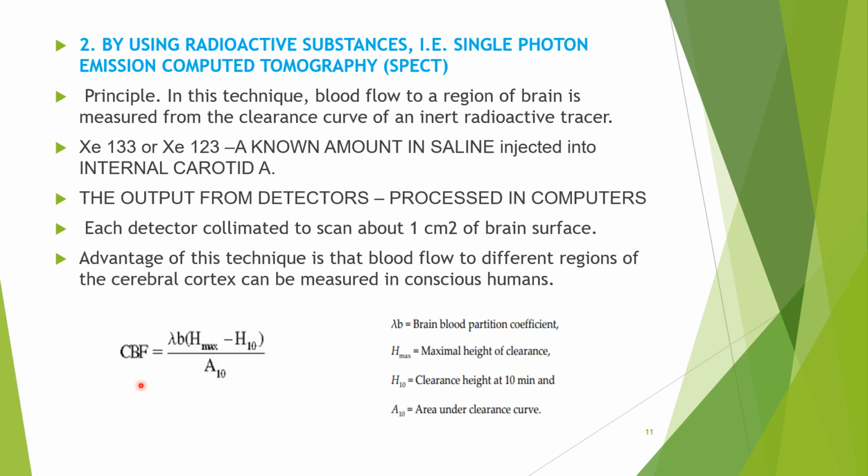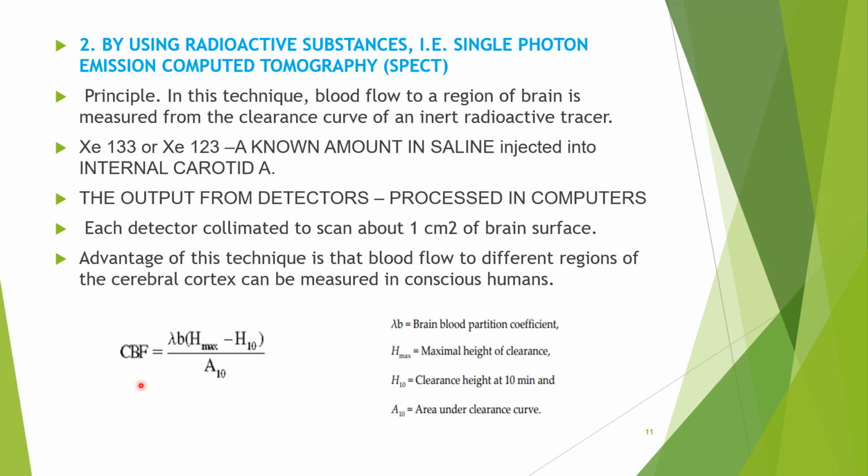Each detector will detect 1 centimeter square area of the brain surface. The output is processed in the computer and comes out as color coding on the television. Depending upon that we are getting the CBF, cerebral blood flow, in ml per gram per minute.